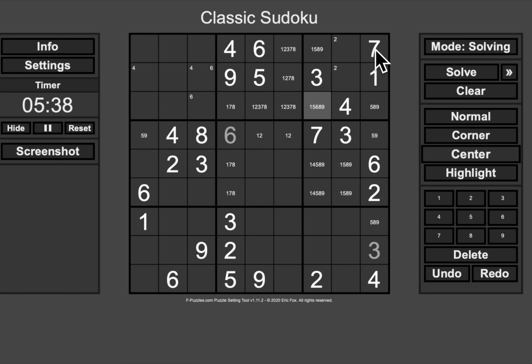A 7 there and a 7 there. Well, it's a 7 in box 9 in one of these spaces. That's about all that does. A 4 here and a 4 here. There's a 4. Must be in one of these cells, but I knew that already.